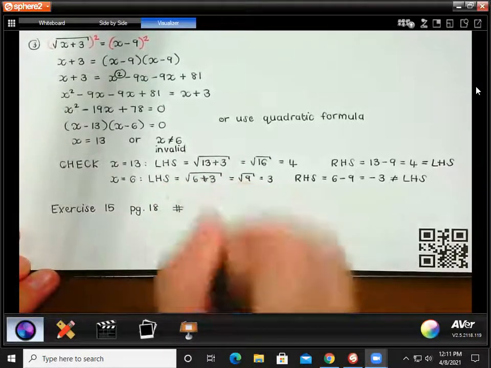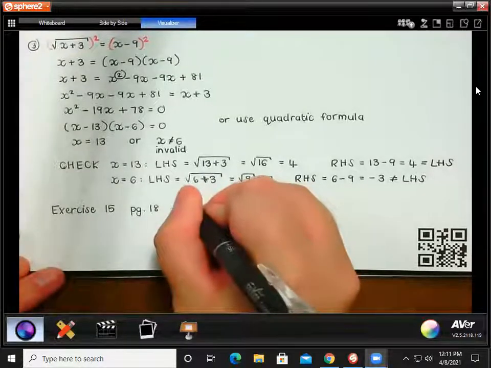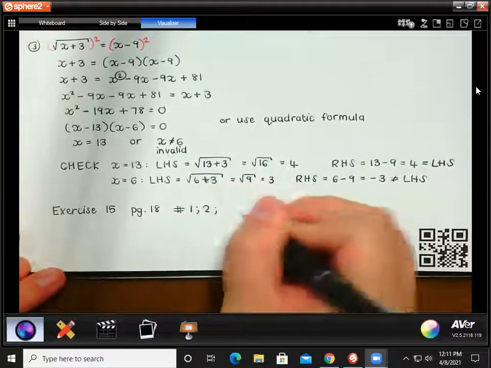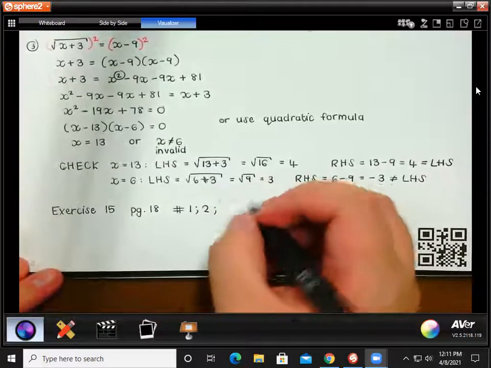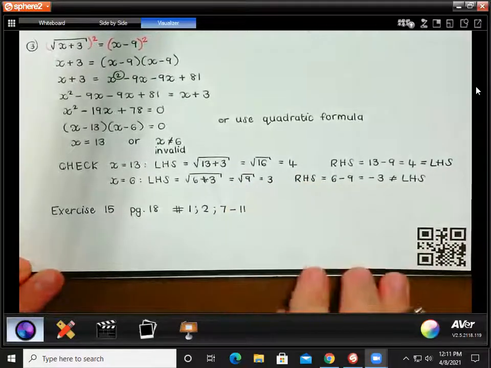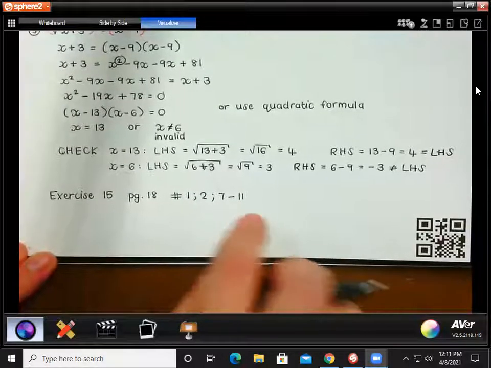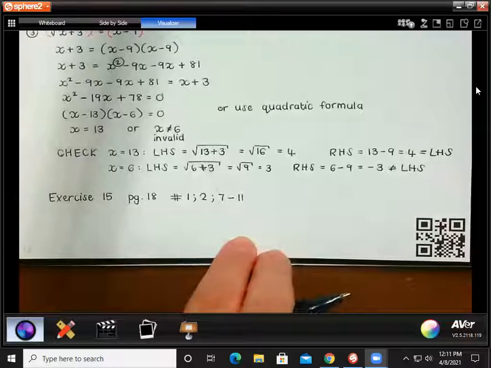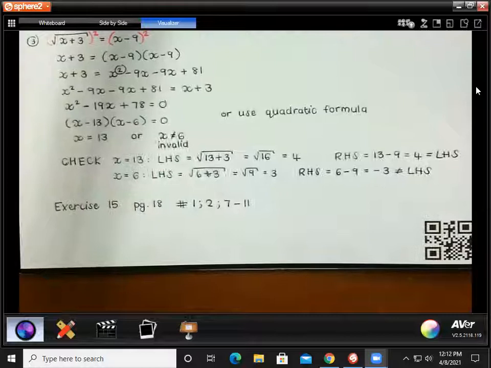No. We're doing like practicing all the different types together. All right, let's not start going off onto a different tangent, please. You're doing 1, 2, and then 7 to 11. Okay, get going, get going.